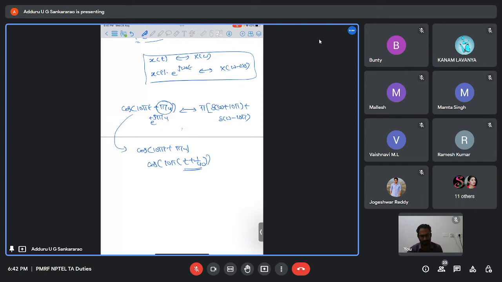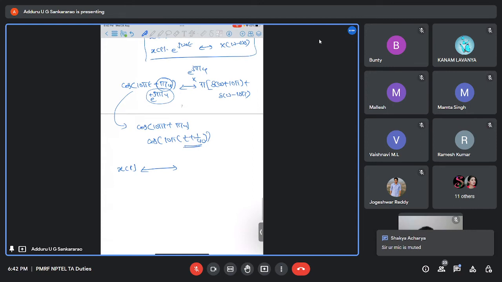Since it's a sinusoid signal, the phase I can express separately. So our x of t, its Fourier transform is for cos 10 pi t, this one. This is the Fourier transform. So we have two impulses at 10 pi and minus 10 pi.